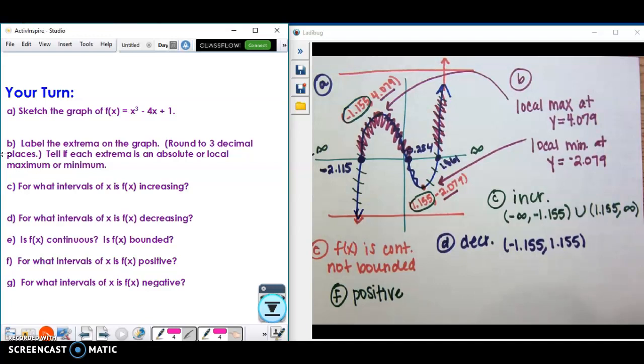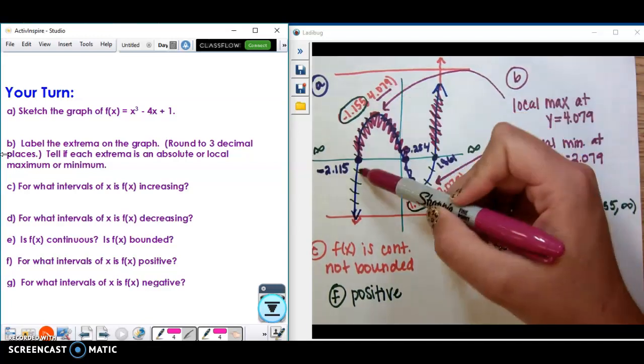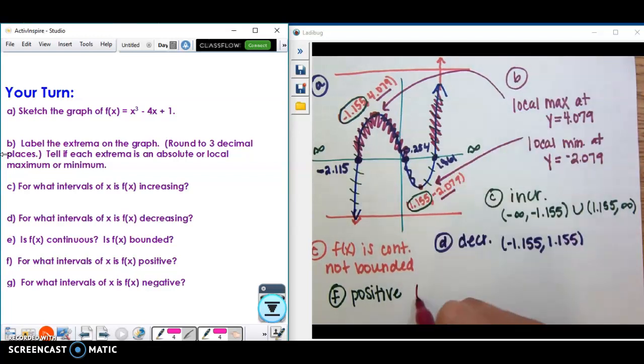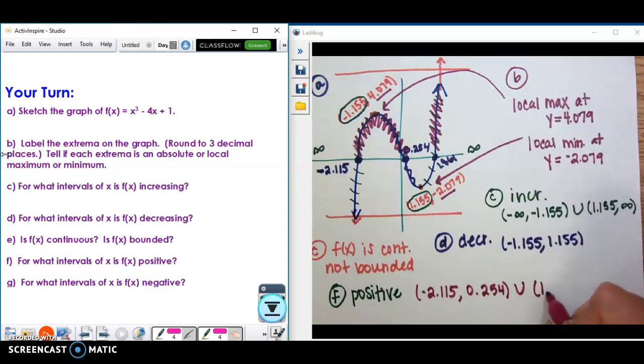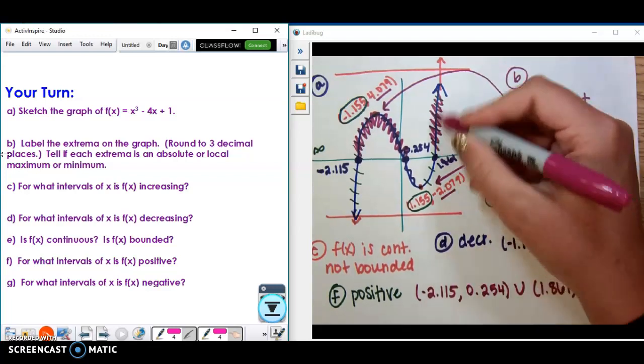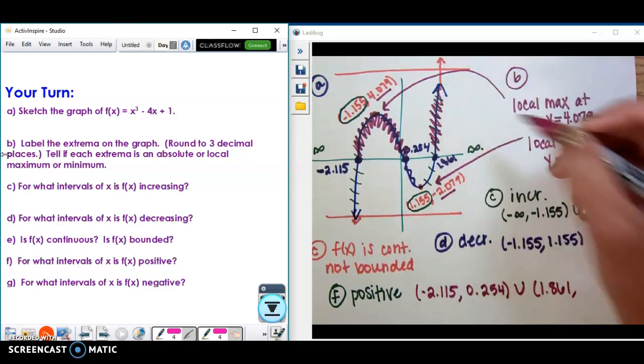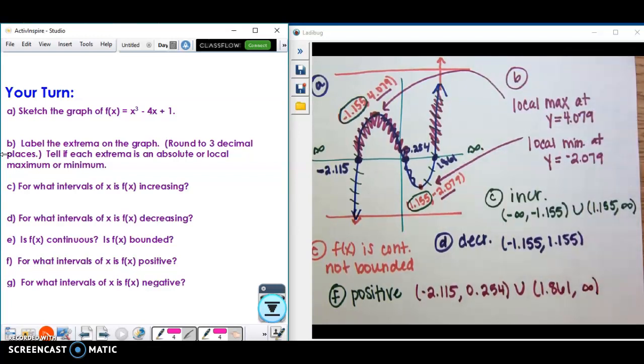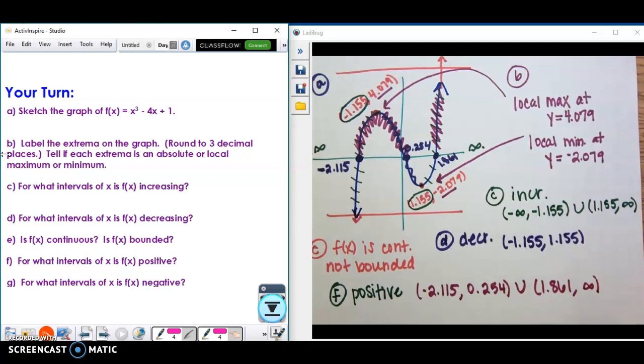Now remember, you're using your x values for your intervals and you're using parentheses. So we're starting at this x value that I wrote here, negative 2.115, all the way to this 0.254. Then we have another spot, so we have a union. Then we have our 1.861. Then it keeps being positive for the rest of the graph, so we're going to use that infinity. So that's where it's going to be positive.